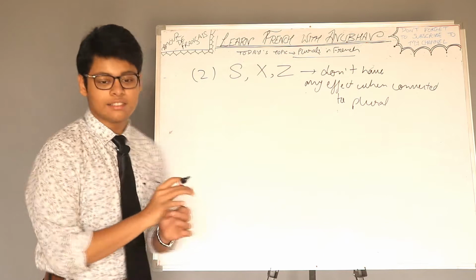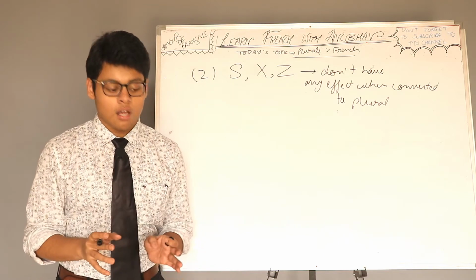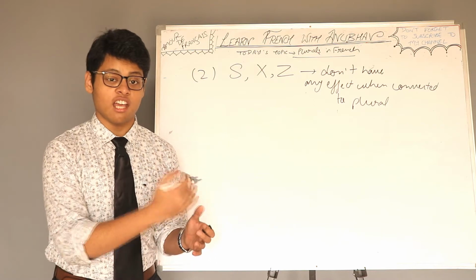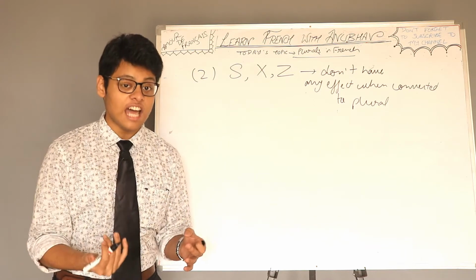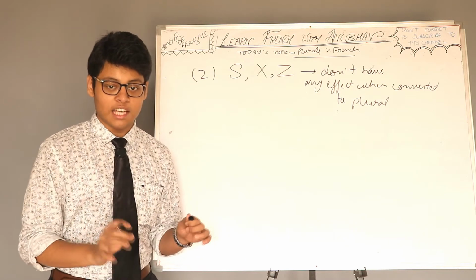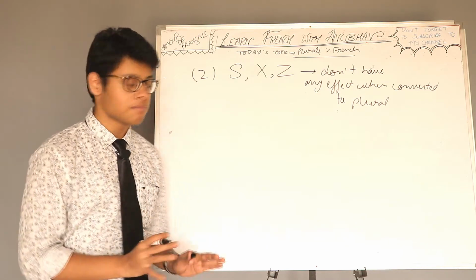The word does not get affected, only the article, like le will become les, la will become les, like that. Otherwise, no effect at all. The word remains the same, the article changes, that's it.